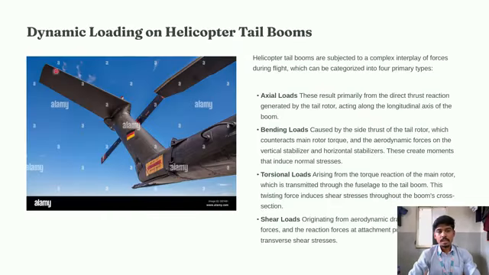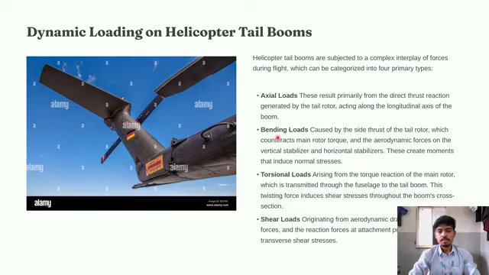What is dynamic loading on helicopter tail booms? Helicopter tail booms are subjected to a complex interplay of forces during flight, which can be categorized into four primary types. First, axial load. This results primarily from the direct thrust reaction generated by the tail rotor, acting along the longitudinal axis of the boom.